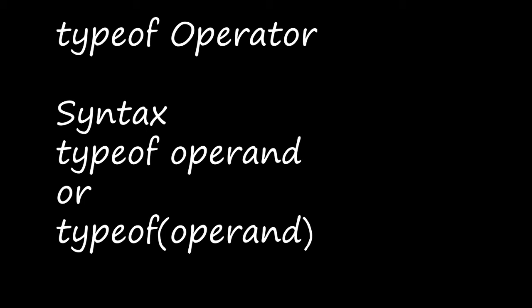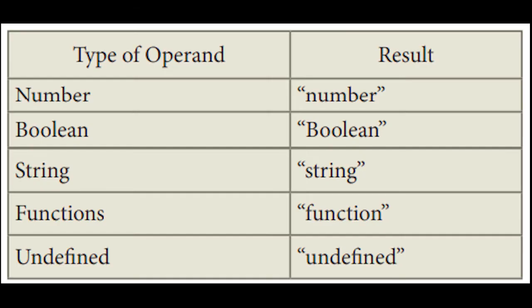Typeof returns boolean, function, number, string, and undefined also. Typeof operand number means number will be the result. Boolean means boolean will be the result. String will be the result. Function means function is the result. Undefined means undefined is the result.